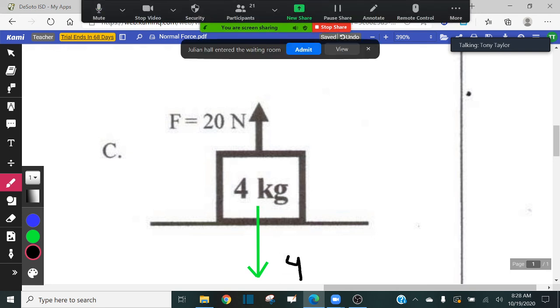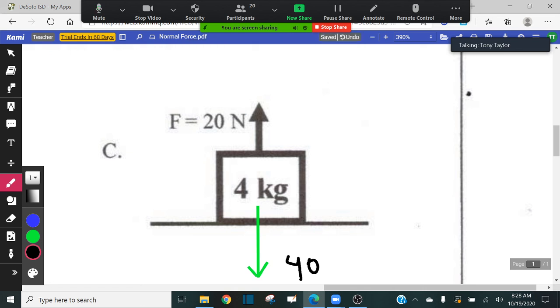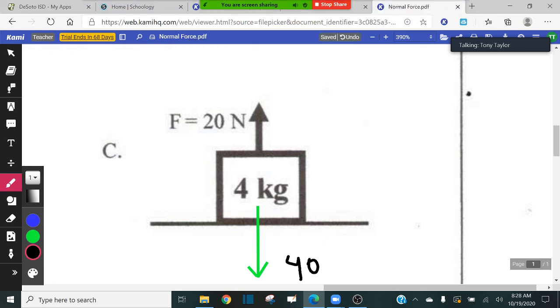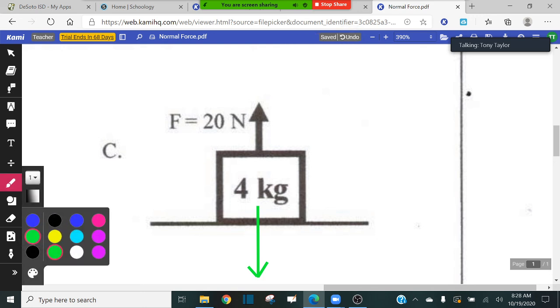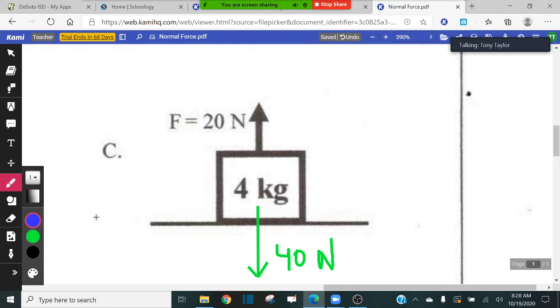So 40 newtons represents the magnitude for the force of gravity. Let me do that in green. Now, there's another force acting on this block here, and that force is the normal force.